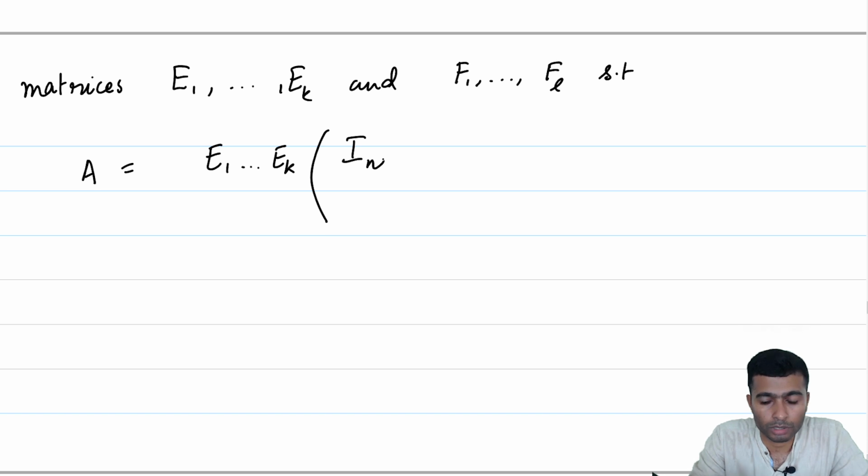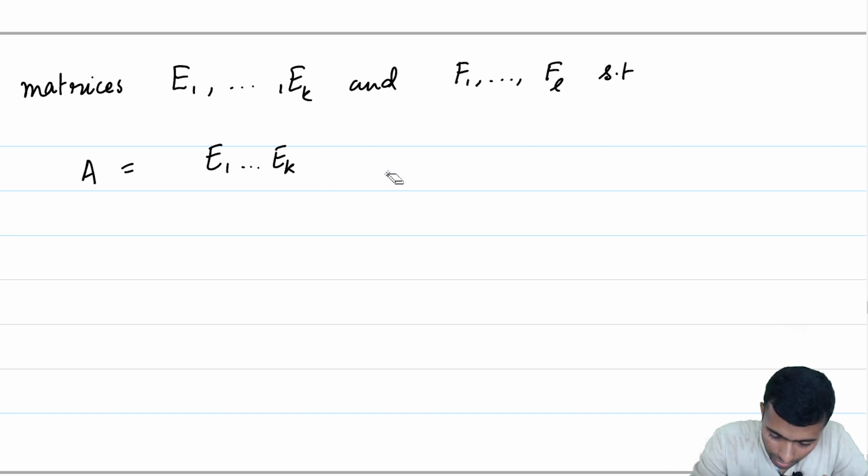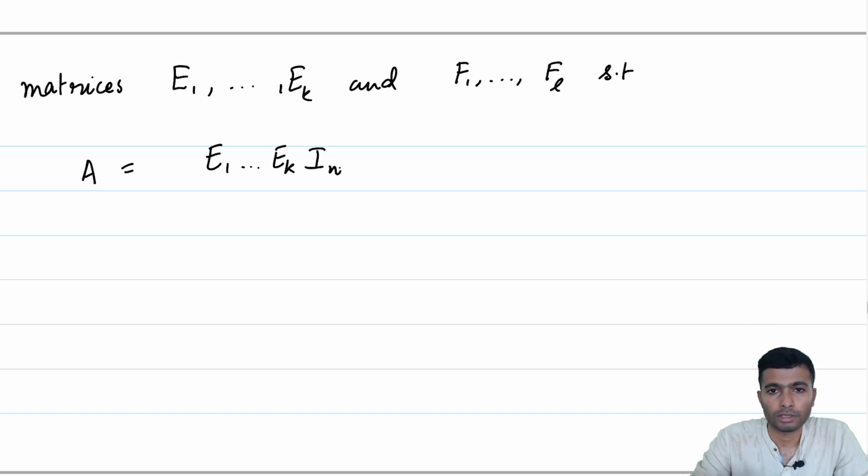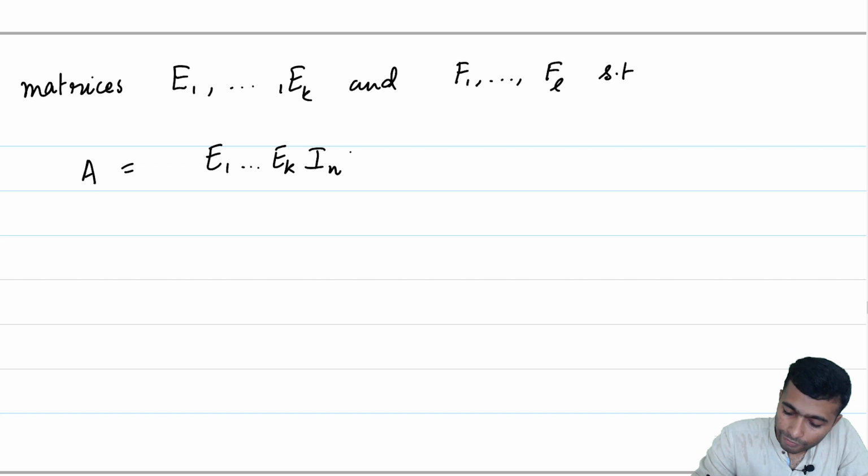There are no remaining blocks, because R here is n. So, for an n cross n matrix, n minus R is n minus n, which is 0. So, it is just going to be IN here, the only block is the identity block, followed by F1 up to Fl.